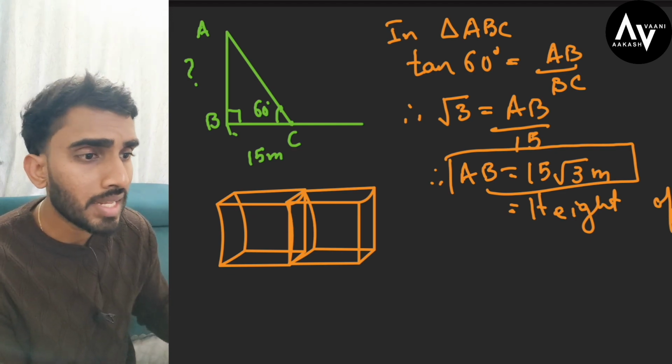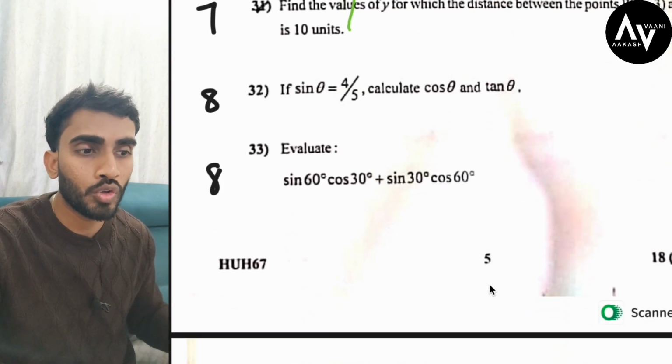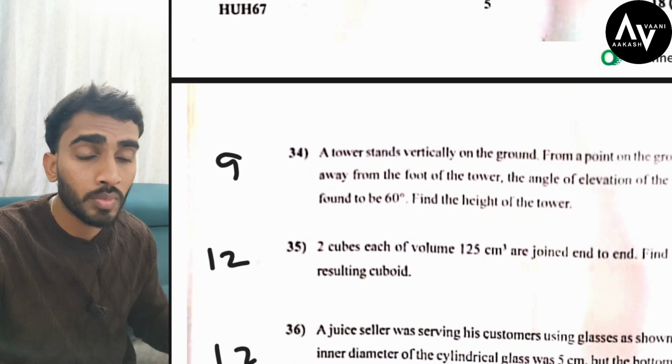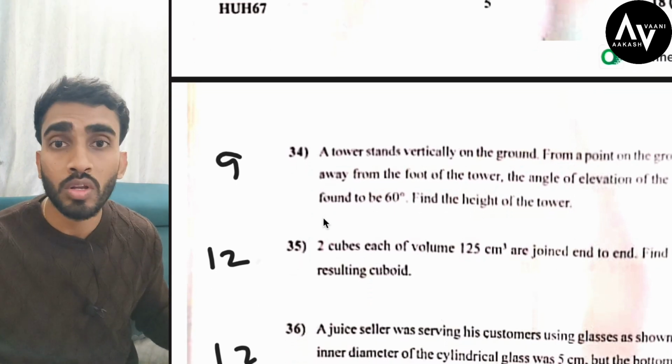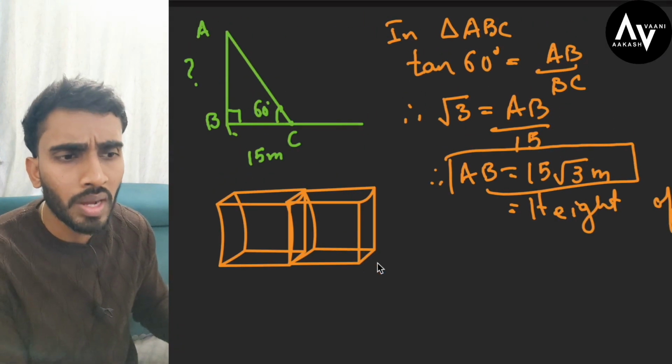The question is asking what will be the volume of the resulting cuboid. So when we join two solids, their volumes also add up. So we don't need to think too much here.